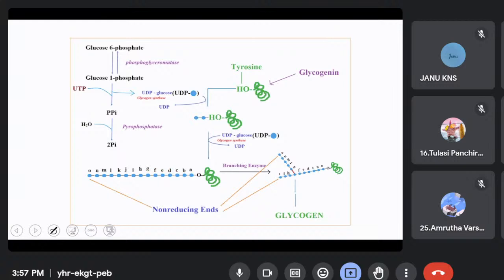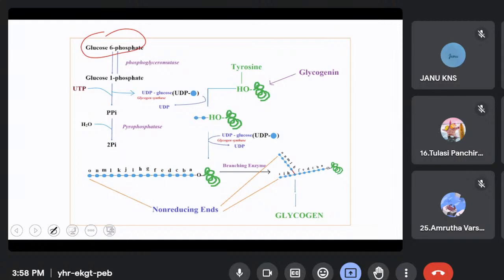First of all, glucose enters the liver cell under the influence of insulin. It is converted into glucose 6 phosphate, and the same enzyme, phosphoglucomutase, is responsible for the conversion of glucose 6 phosphate to glucose 1,6 bisphosphate, and then finally to glucose 1 phosphate. And this glucose 1 phosphate cannot take part directly in the synthesis of glycogen.